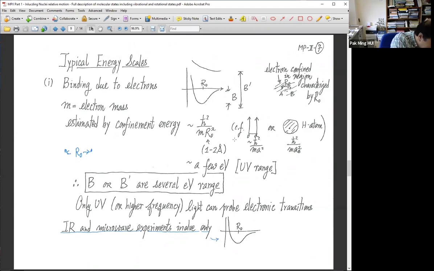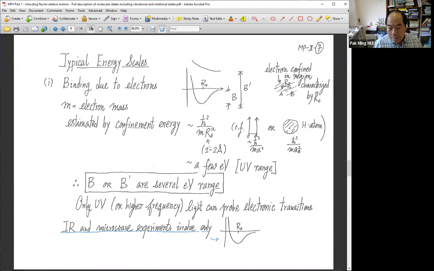So this parabola is trying to confine the motion in the vicinity here. Thereby, by a particle in a box, you know the typical energy will be of the form h bar squared divided by the mass, and then the separation, the distance squared. This is how we confine the atom.